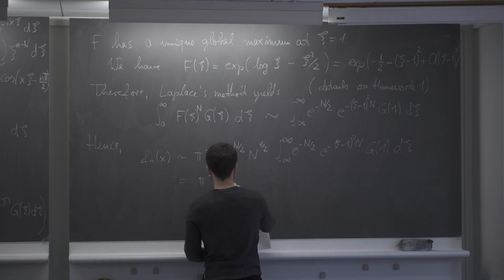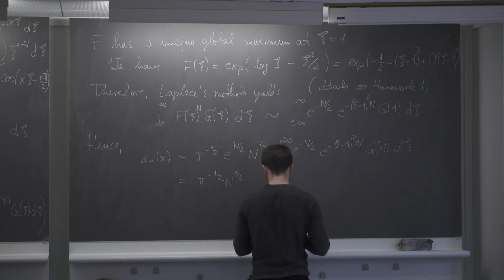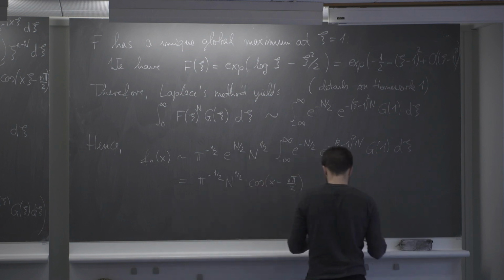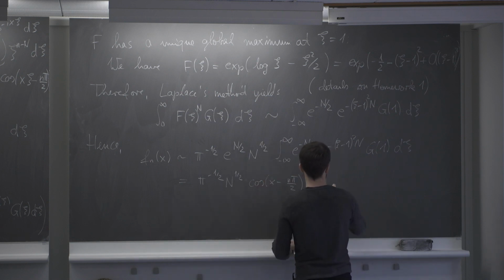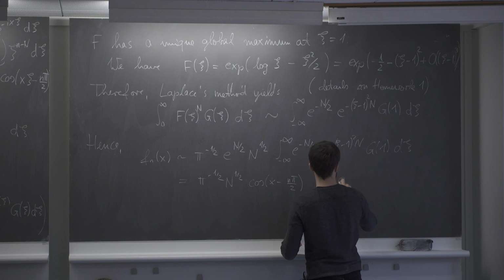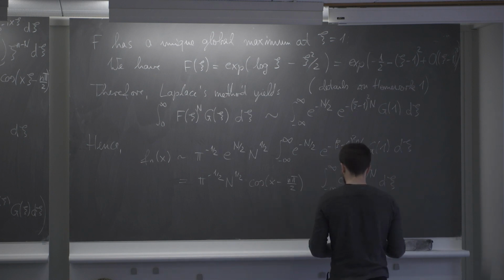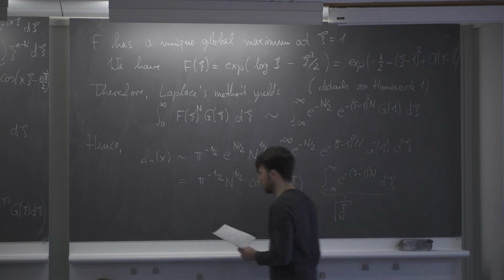There's an n to the 1/2 surviving. Then I have these two things cancel. Then there's a g of 1, which is cosine of x minus n pi over 2. And then I just have this Gaussian integral. And you can convince yourself that this is pi over n.